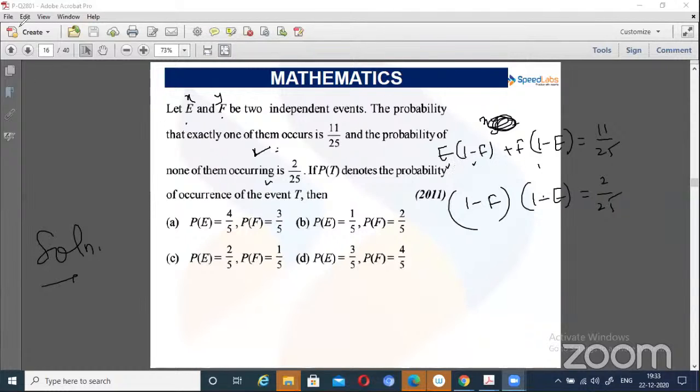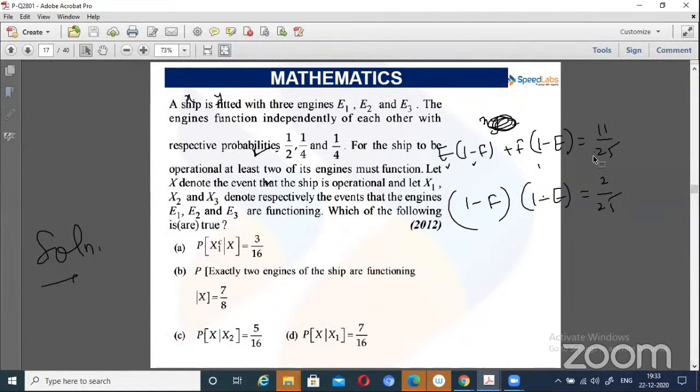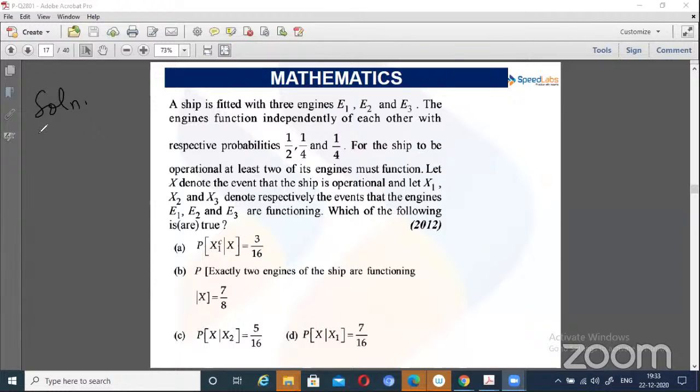To the next one. Any questions here? A ship is fitted with 3 engines, E1, E2, E3. The engines function independently of each other with respective probabilities of functioning half, 1 by 4 and 1 by 4.